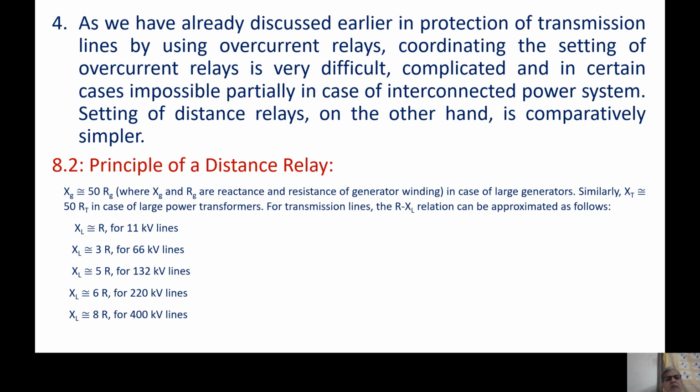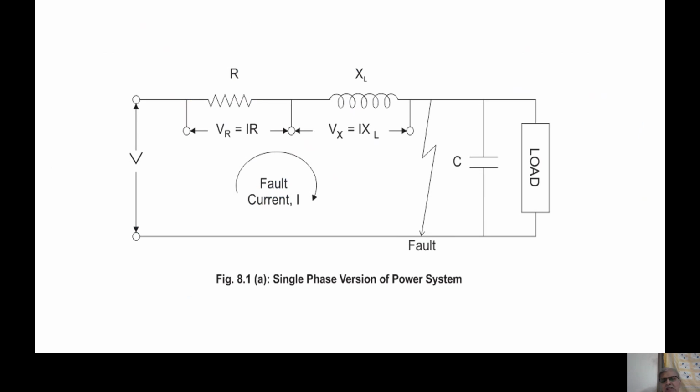If the fault contains resistance, then it may be 70, 75 degree. Otherwise, if the fault occurs near the generating station itself, then it may be as high as 89 degrees or 88 degrees or 90 degree, right? So the angle between voltage and current is quite high in case of fault. So this is the fault current.